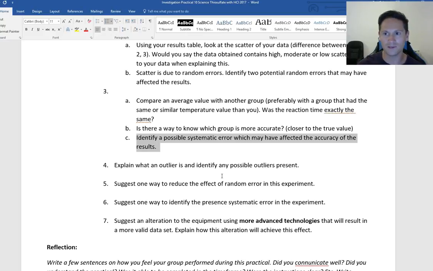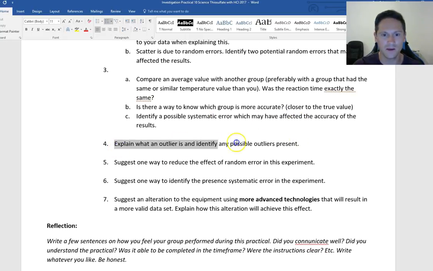So if the thermometer was off, say the thermometer read slightly lower than the real temperature every single time, that means all of your results would be a little bit lower than expected, okay? And if you compared to someone that had an accurate thermometer, all of your results would be different, okay? So you could talk about potential systematic error and how that affects the accuracy of the results.